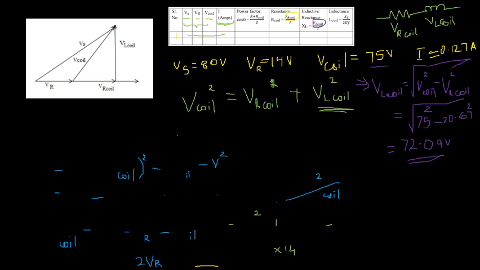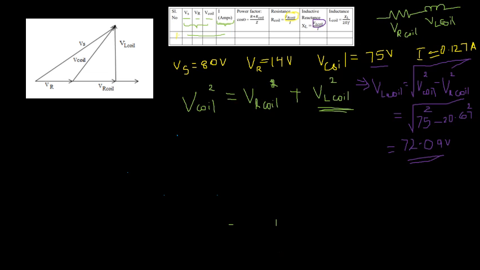We have obtained the different values for the voltages. Now our next step is to calculate the resistance component, the inductance component in terms of reactance XL, and the value of power factor.